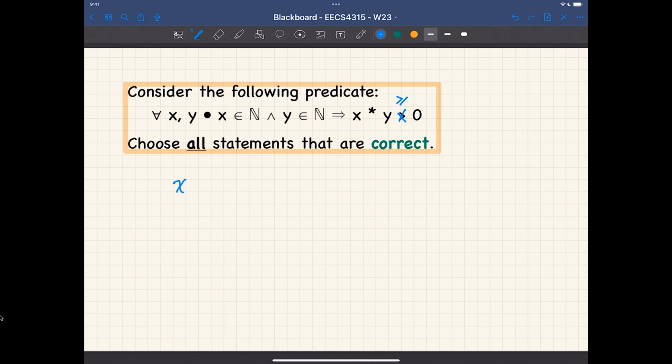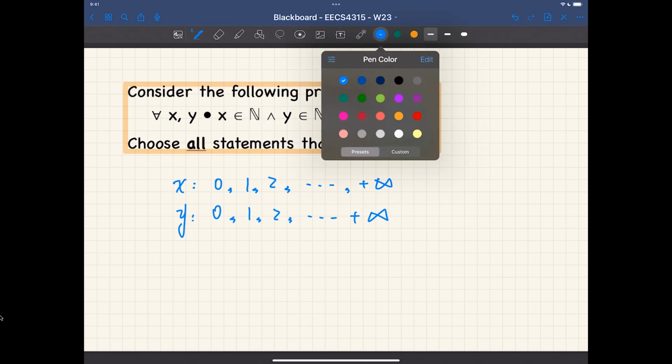Let's say x is going to be from 0, 1, 2, all the way to plus infinity, and also y would be 0, 1, 2, all the way to plus infinity. You can argue maybe 2 cases.